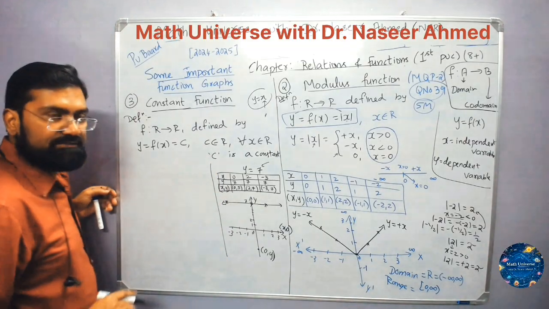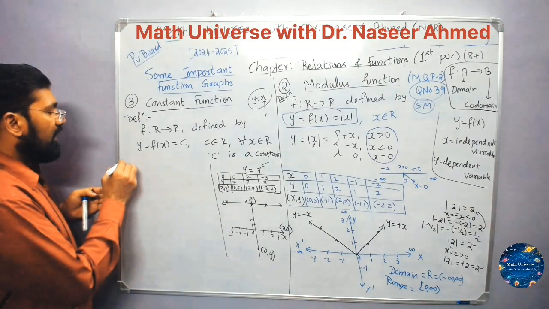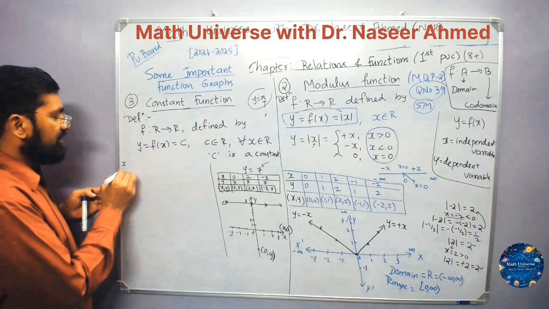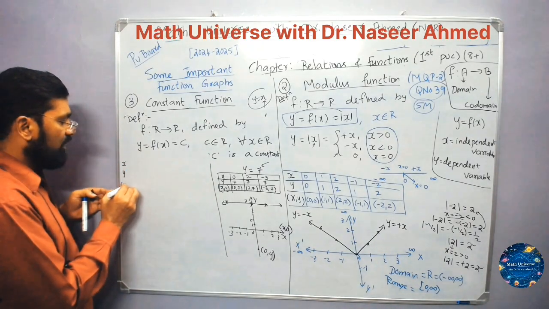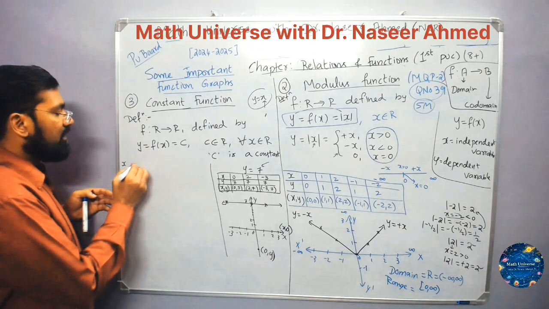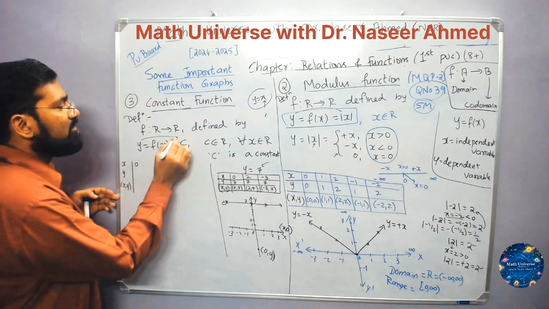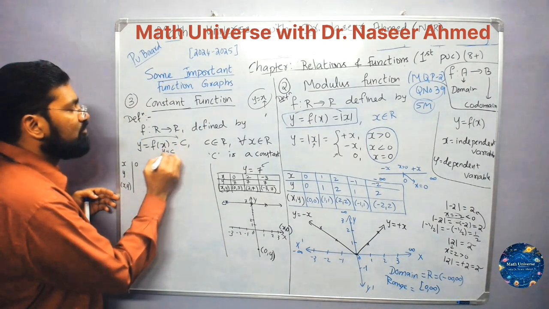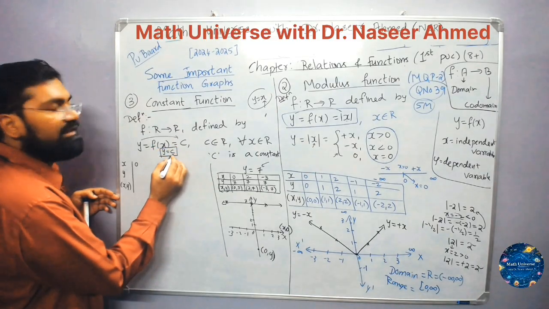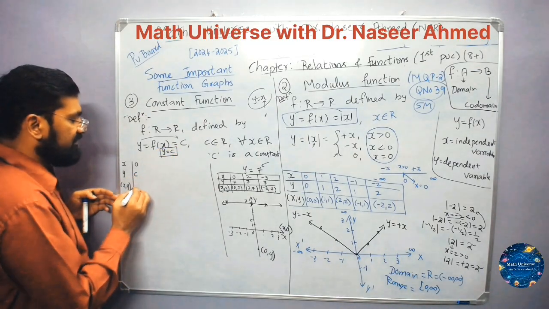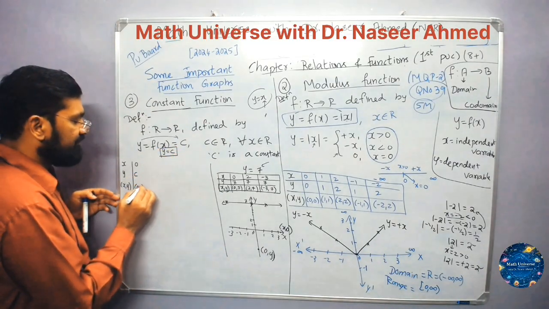Now we'll go for the general case. See carefully. Again, I will take a table: x value here, y value here, and x comma y value here. Now x is equal to 0. Let us have the same values. So this is y equal to c, correct? Do we have x here? No. So y will remain c only. So 0 comma c.